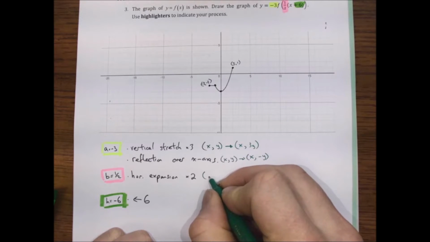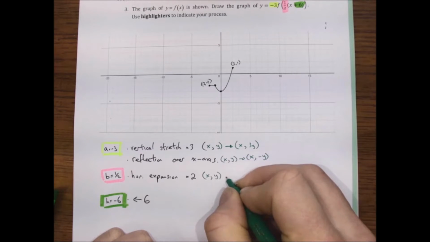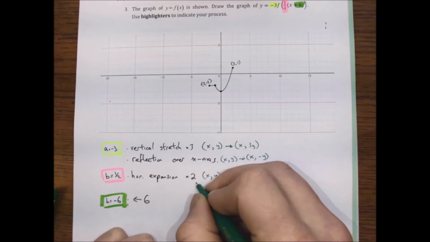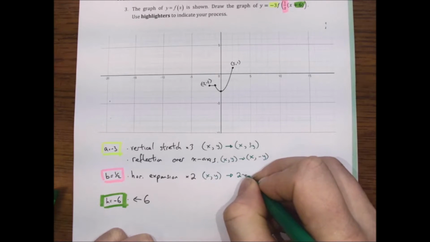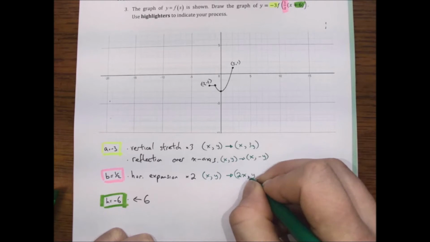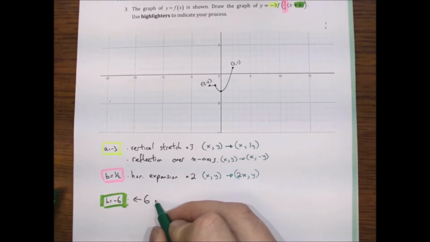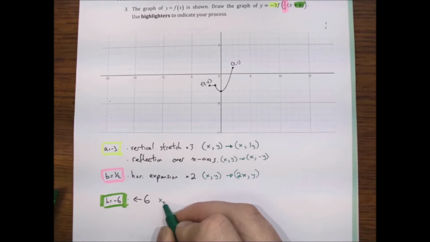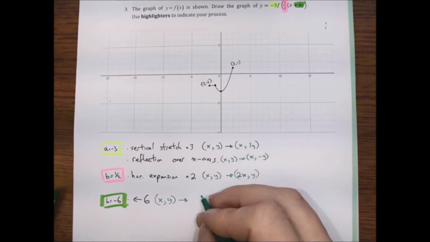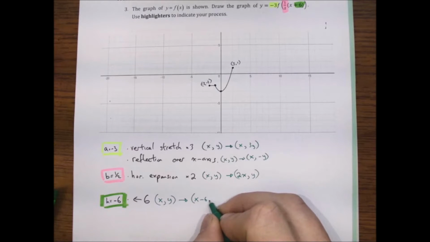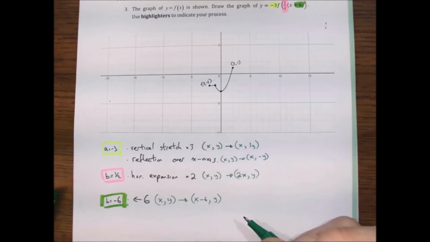Horizontal expansion by 2 takes point x, y and makes my x values, my horizontal values, 2 times bigger. Becomes 2x, y. And lastly, the horizontal shift left 6 takes any point x, y and shifts it 6 units to the left, x minus 6, y.